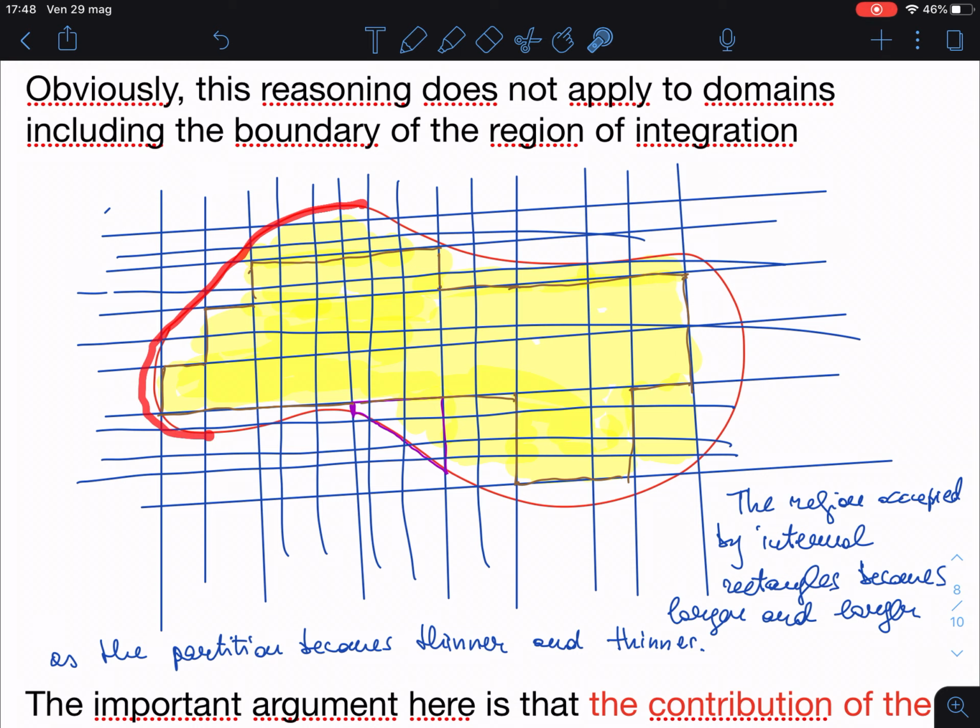Roughly speaking it will be 4n, but perhaps more than 4, but it is proportional to that. When making the partition thinner and thinner, you are changing the unit on which you measure the contour. As this unit becomes 1 over n, and the length of the contour is constant, in the limit you get something proportional to n.